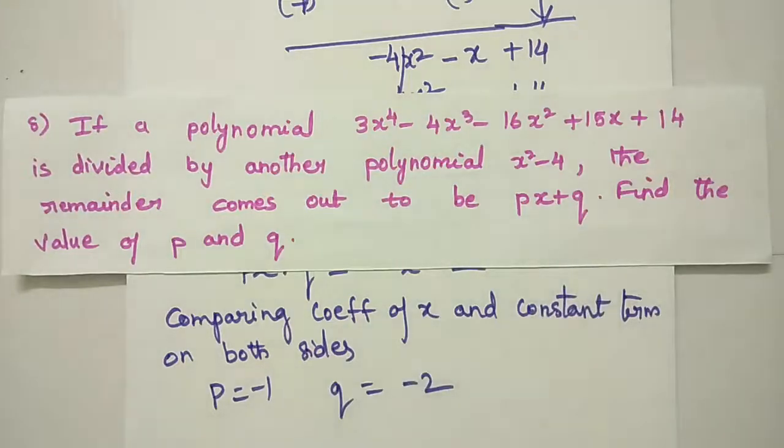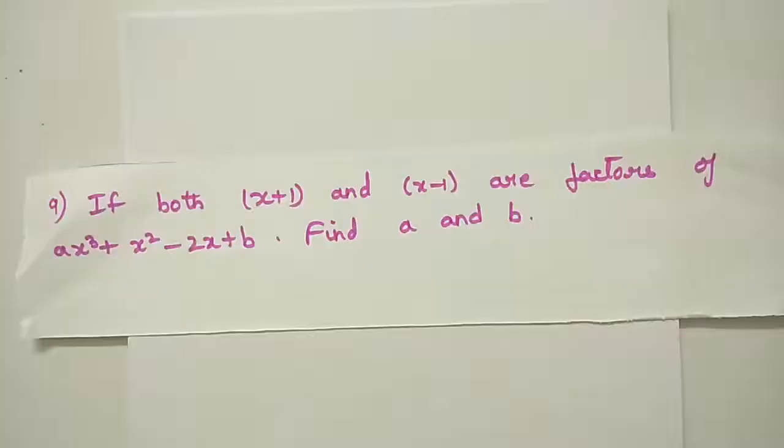Now let us go to ninth problem. Ninth one, if both x plus 1 and x minus 1 are factors of a x cube plus x square minus 2x plus b, find a and b. So here they have given two factors, x plus 1, x minus 1 for the same polynomial p of x.